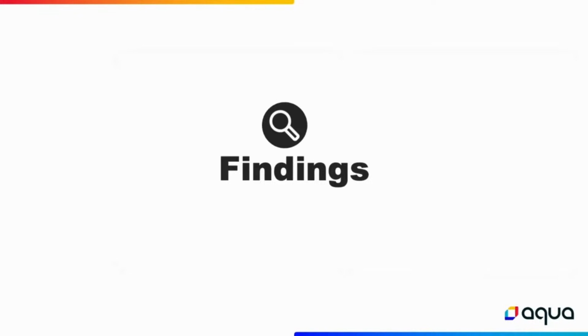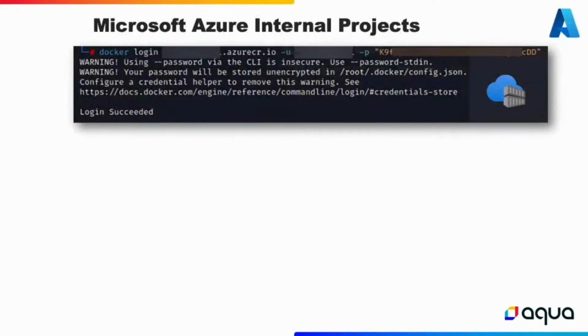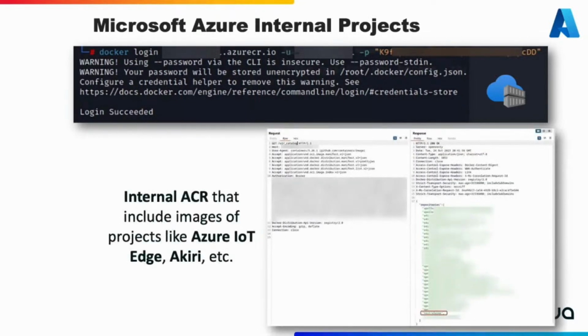So, let's disclose some interesting findings. We discovered a token in a personal GitHub account of a Microsoft employee. The token granted access to an internal Azure Container Registry used by projects like Azure IoT Edge.